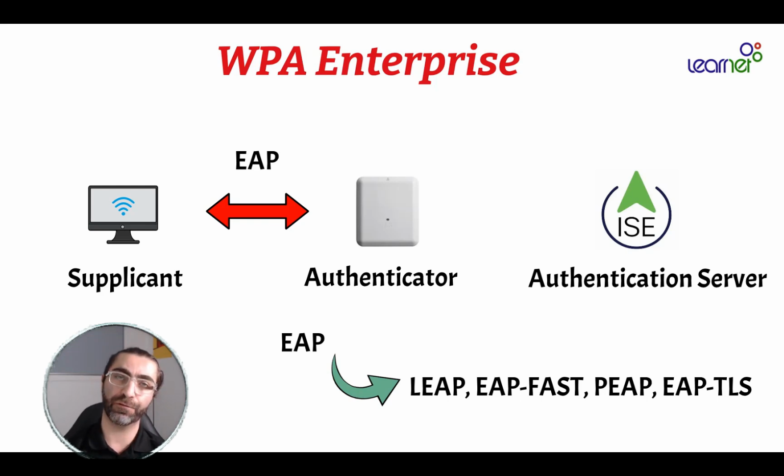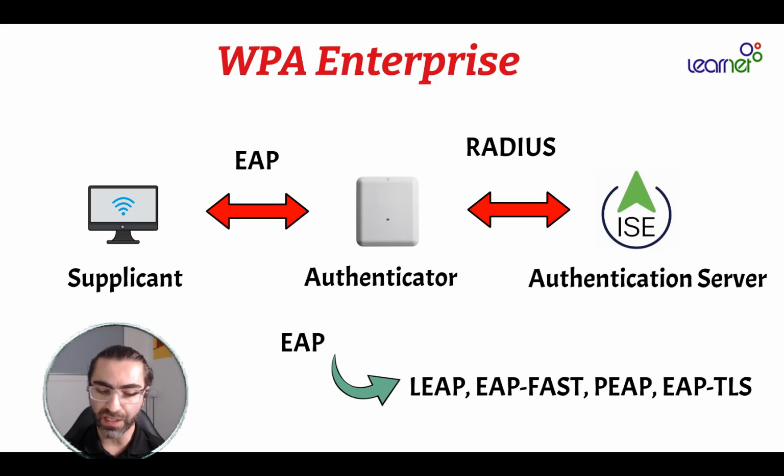Each of these flavors uses different mechanisms for securing or providing this communication between the supplicant and the authenticator. And the communication between the authenticator and the authentication server is happening through a protocol like RADIUS or TACACS+.